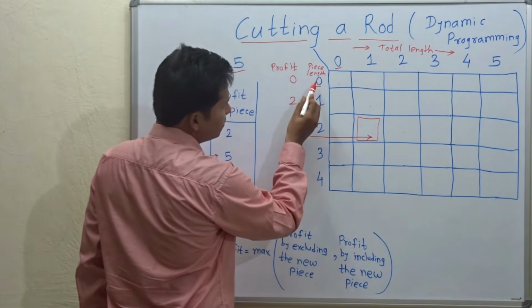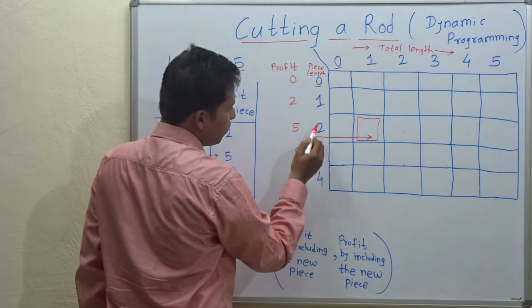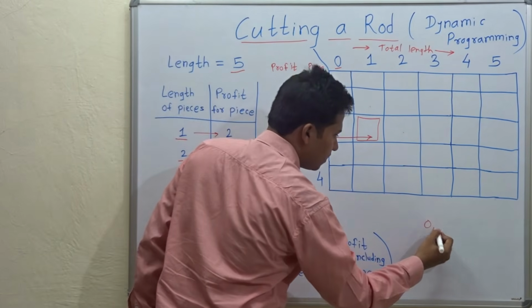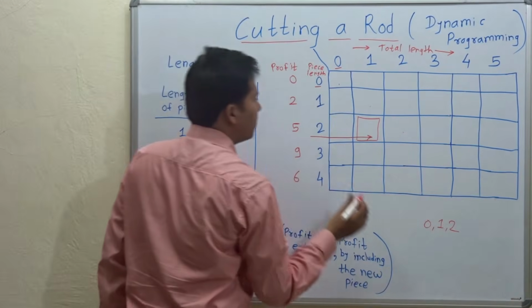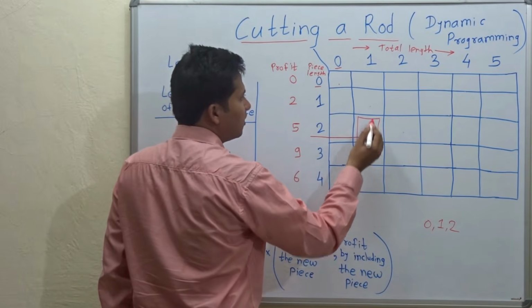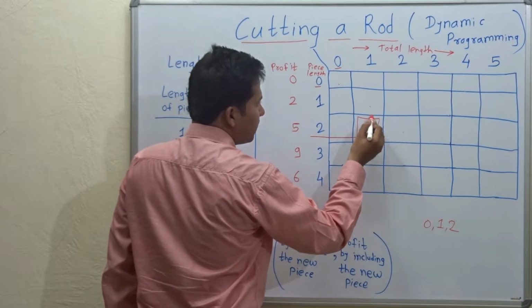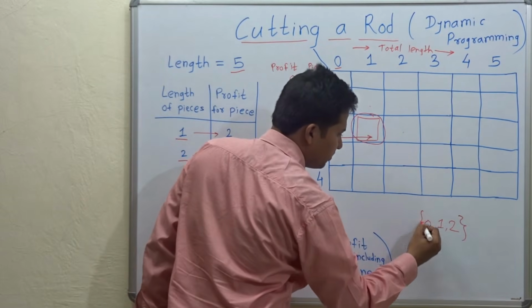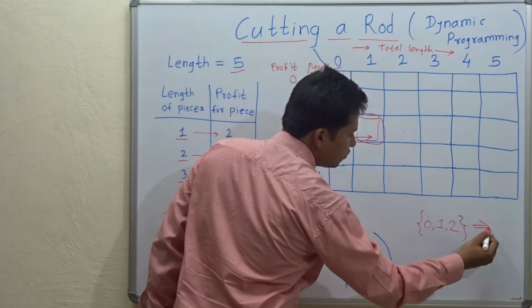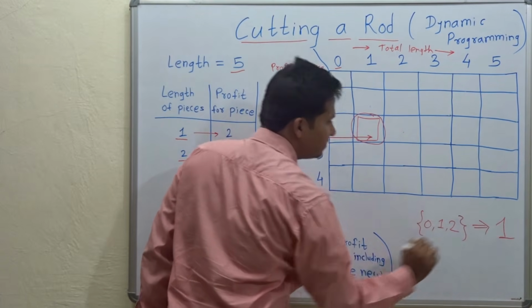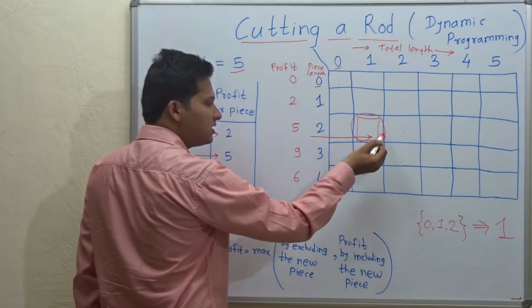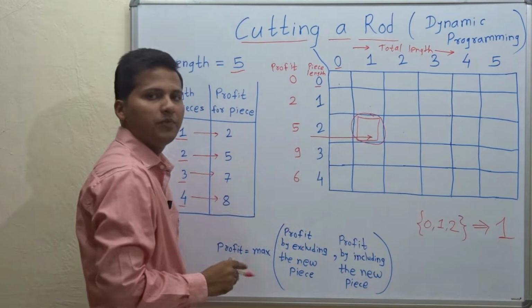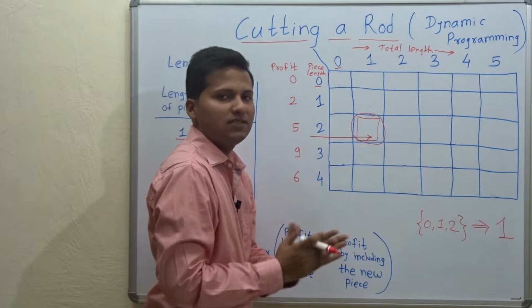Now suppose you have the pieces of length 0, 1, 2, and you want to make a total length of 1, then what is the maximum profit? That profit is specified in this cell. So this is the meaning of each cell.